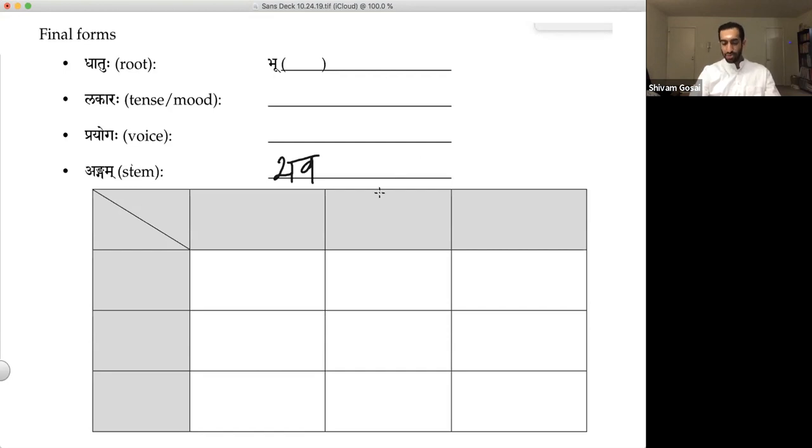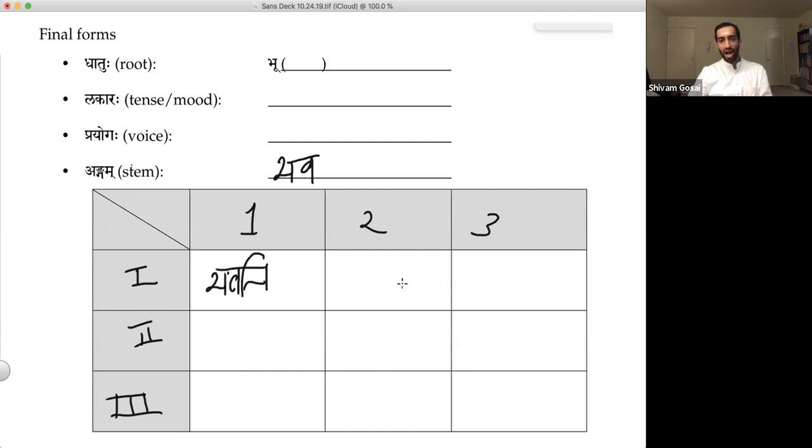And now we want to add those 9 forms that we just looked at. So keep page 12 of your workbook up or page 33 of your textbook, and we're going to add them together. I'm just doing this in shorthand to save me time. So if I bhava plus ti, I get bhavati.